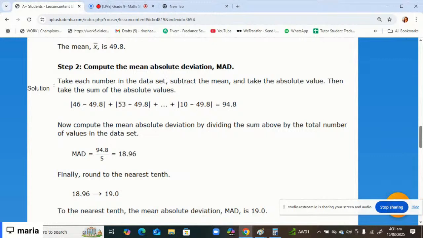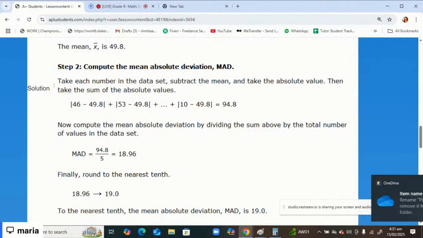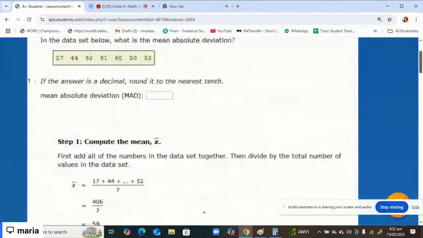So this is basically the mean absolute deviation. Now by dividing the sum by the total number of values in the data set, you are just going to find it out. Okay, this is all that we have done in it. Hope you guys understand this one.